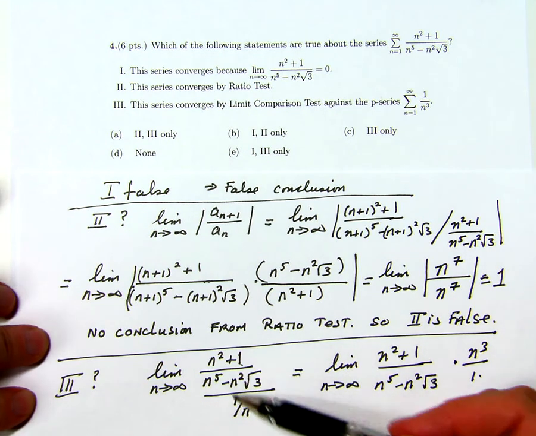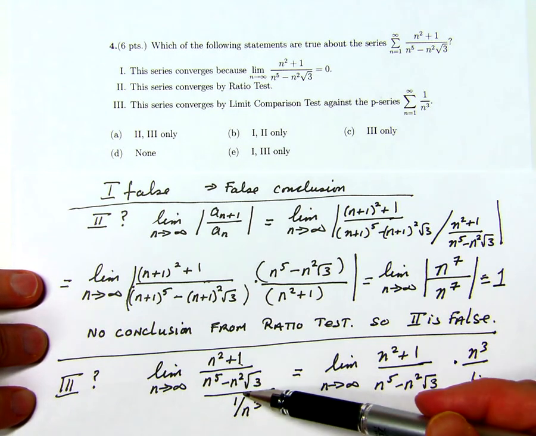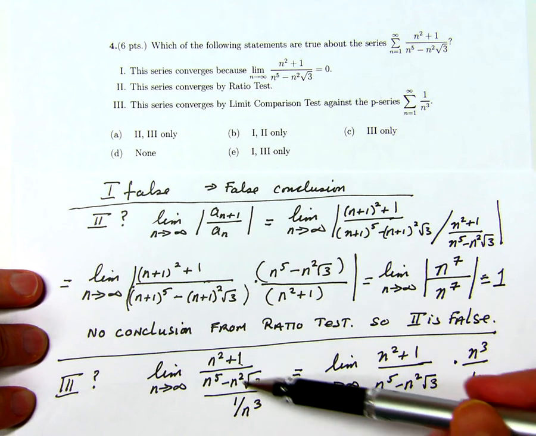Now, of course, technically this just applies to situations where both series are positive, and that's certainly true for n large enough here.